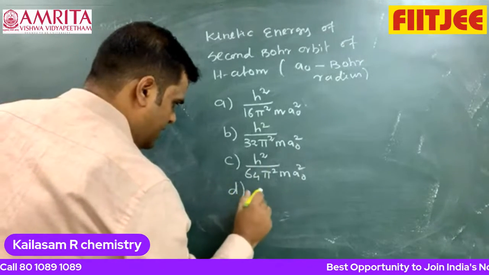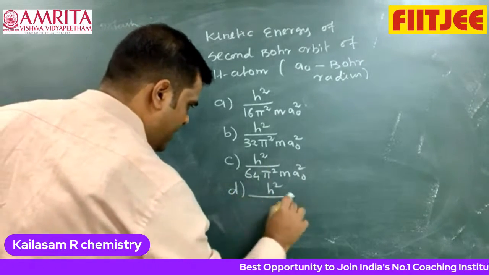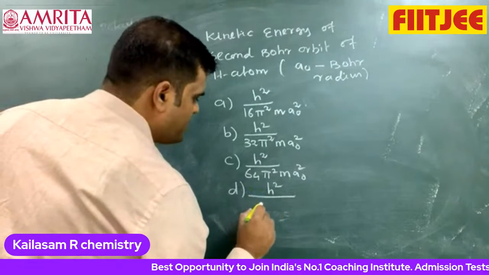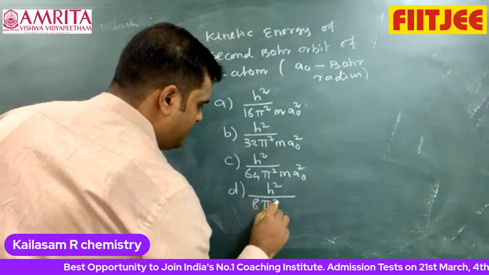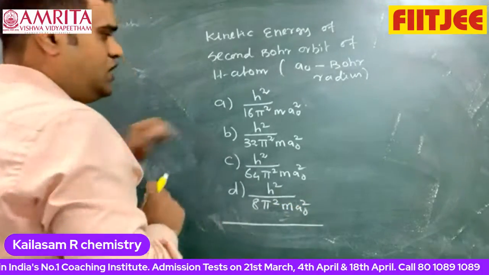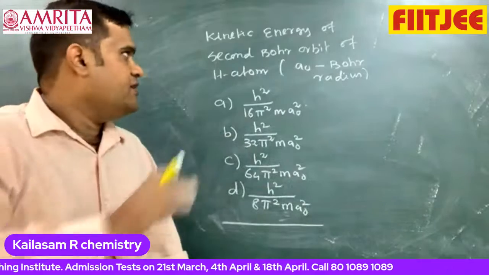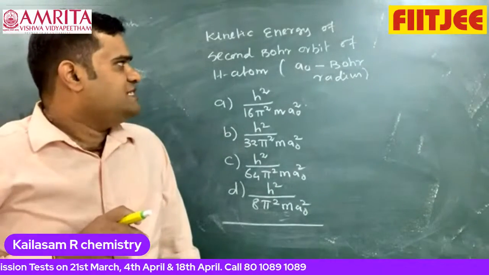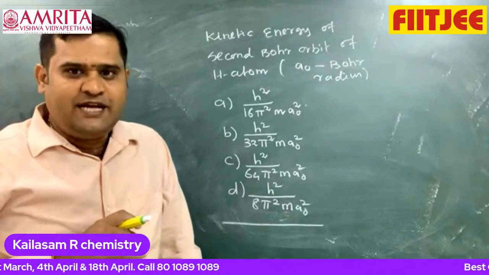Option D, h squared by 8 pi square m a naught square. This is what the options were given. They're asking the kinetic energy of second Bohr orbit of hydrogen atom is.